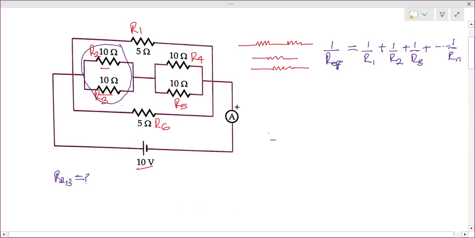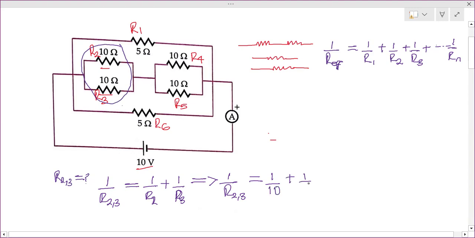Okay. So in that case here, we can now say 1 over R2,3 is equal to 1 over R2 plus 1 over R3, right? So that will give us 1 over R2,3 is equal to 1 over 10, since R2 is 10, plus 1 over 10, since R3 is also 10.